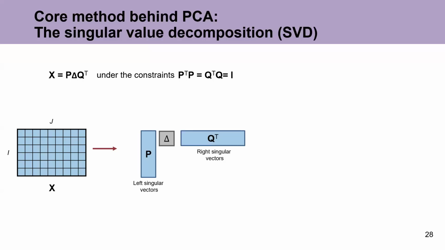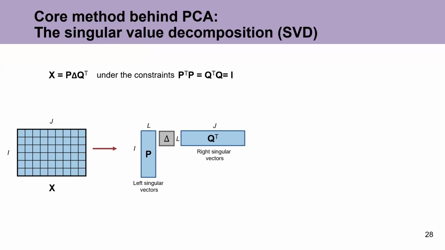Because it's the singular value decomposition, we call this the left singular vector because it's on the left side, and the right singular vector because it's on the other side. Nothing really meaningful in that. So the left singular vectors and the right singular vectors describe my rows and columns with my new components.